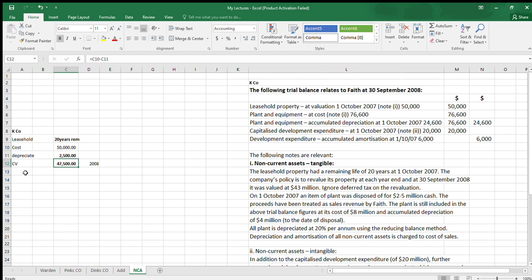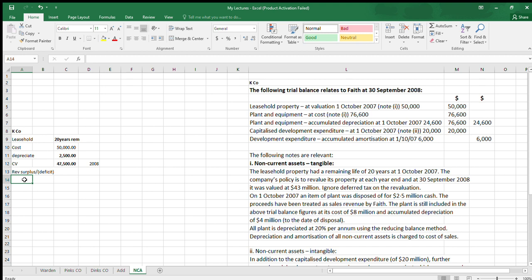That is the carrying value. Now in the middle, there is going to be a revaluation, either surplus or deficit, depending on the figure we get. If it is negative, then it is a revaluation deficit, but if it is positive, it is a revaluation surplus.